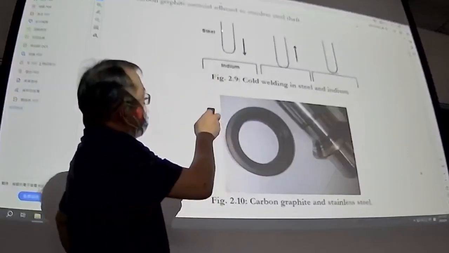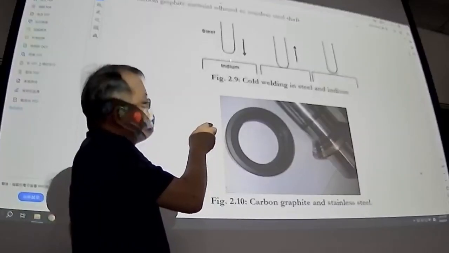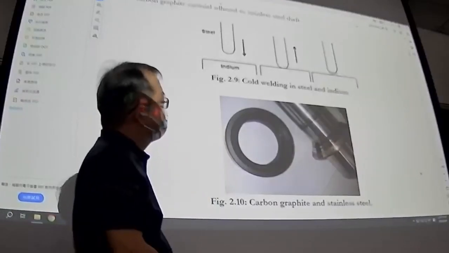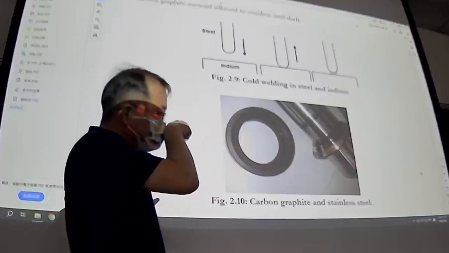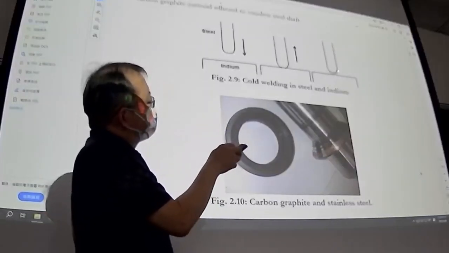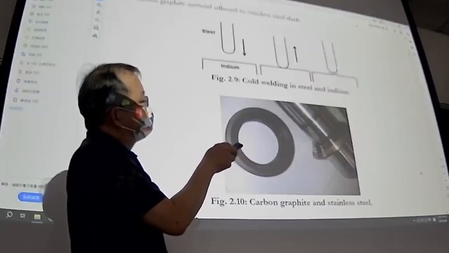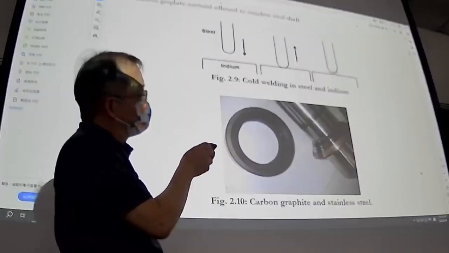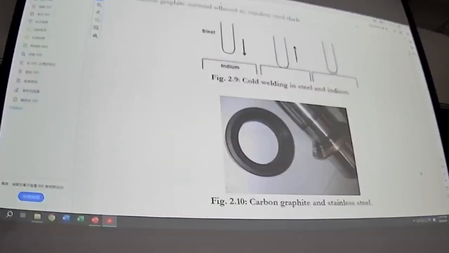So the steel indents into the indium to a certain extent, if you remove, then you will see some part of the indium material will attach to the tip of the steel pin. So it's called a cold weld.